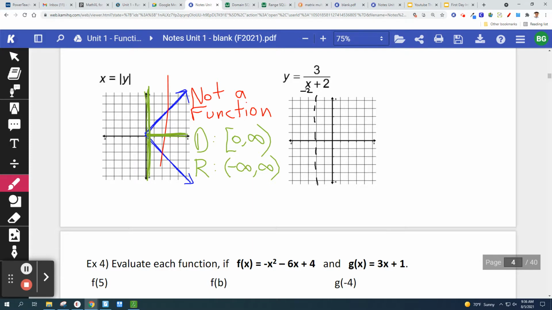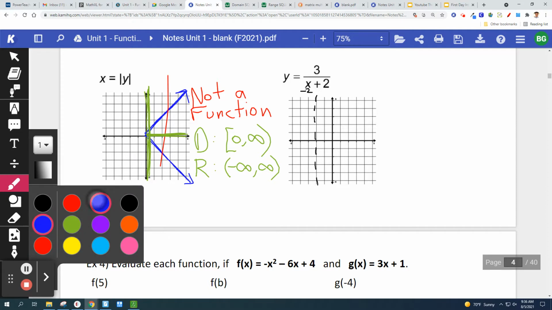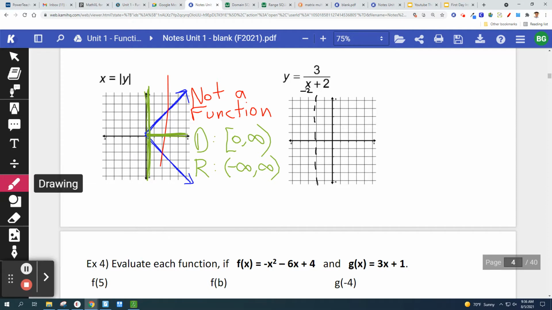And then without going into it, you could plug in numbers to figure this out. But if I plug in -1, I'm going to get +3. And if I plug in +1, I'm going to get positive 1. You're going to have something that looks like this. And likewise, you're going to have this and this.